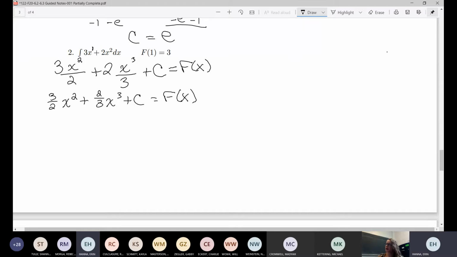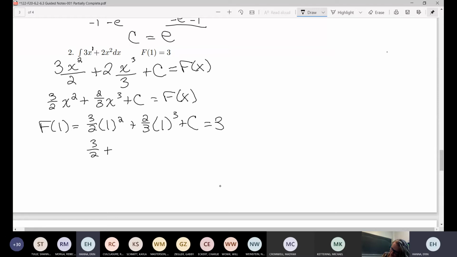And remember, now that we essentially have this extra piece of information, we can use that to find the c value. So we'll use f of 1 equals 3. So we'll plug in 1 everywhere we see an x, and we'll set that equal to 3. Now let's do this a little bit by hand. I know, of course, you could punch some of this into your calculator, but let's try to do the fractions by hand here.